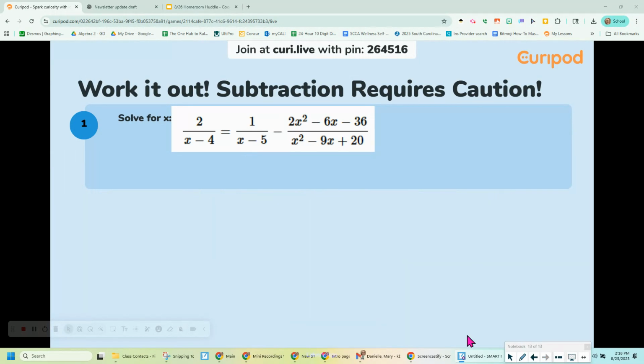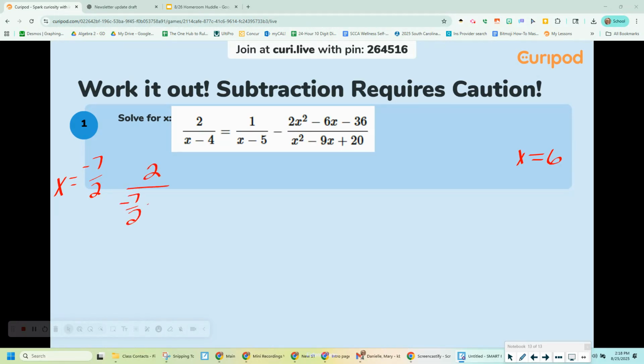So let's check for extraneous solutions, okay? I'm going to substitute my answers, which I found: x equals negative 7 over 2, and I also found x equals 6. So I need to do two checks here. If x is equal to negative 7 over 2, I'm going to substitute that in.